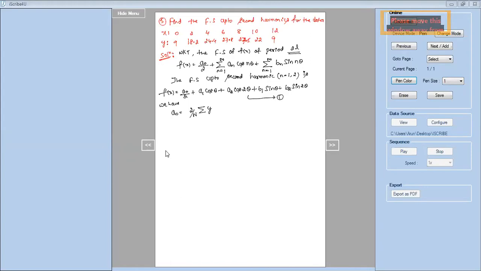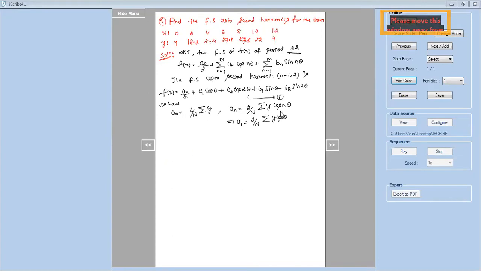The formula for an is 2 by capital N into sigma y cos n theta. Here I want a1, so put n equal to 1, it becomes 2 by capital N into sigma y cos theta.